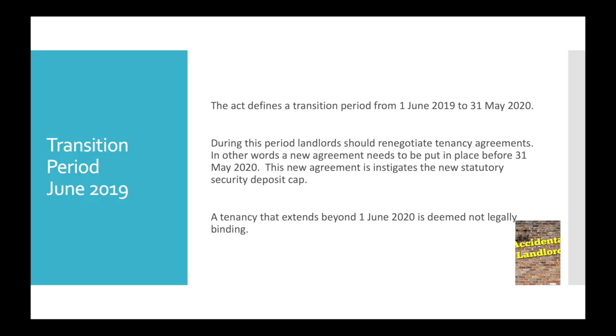After this date, any provisions that are in a tenancy agreement are not legally binding. So effectively, any tenancy agreements that are on some sort of statutory period, where you're just rolling month to month, will not be legally binding after that date. You have to put a new tenancy agreement in place, which of course means you've got to take another tenancy deposit, because that's a new agreement.